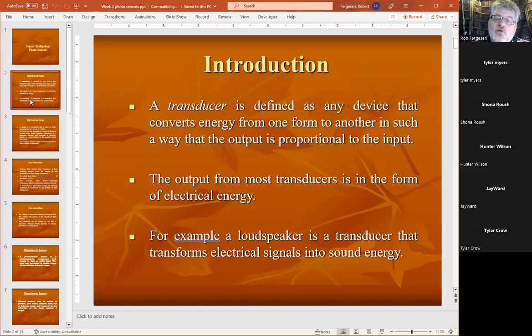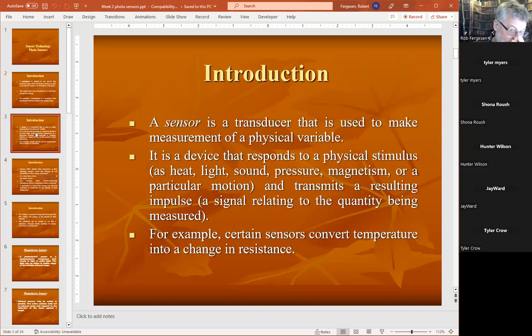So output for most transducers is in the form of electrical energy, because most PLCs have some sort of electrical input. The example they give here is a loudspeaker, transducing from electrical energy to sound energy. That's an example transducer, but in our sensors world, that's probably not the most common one.